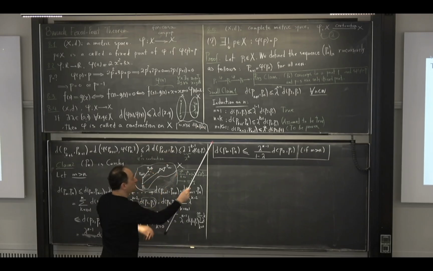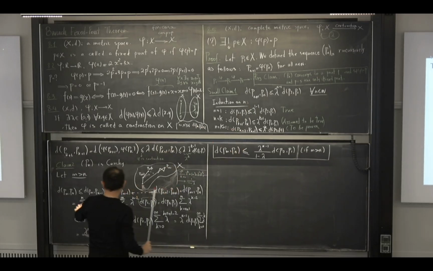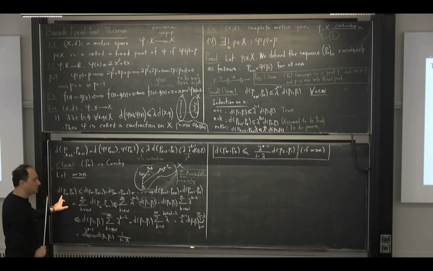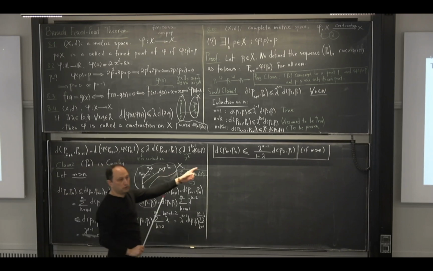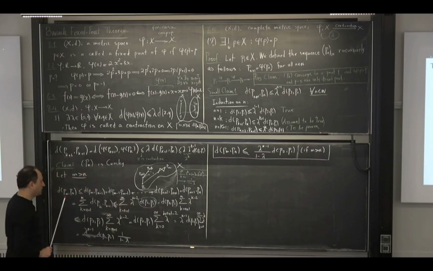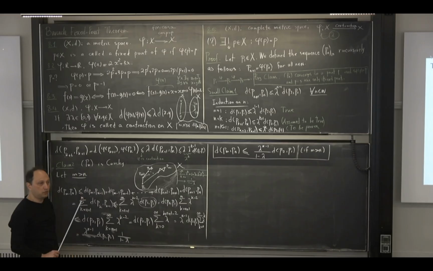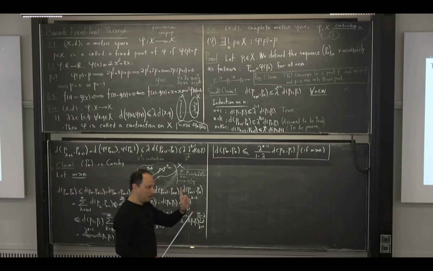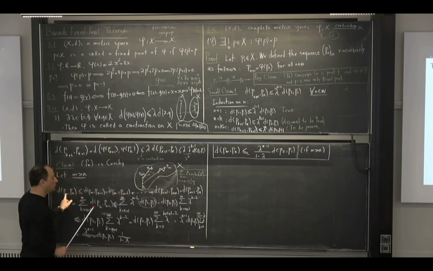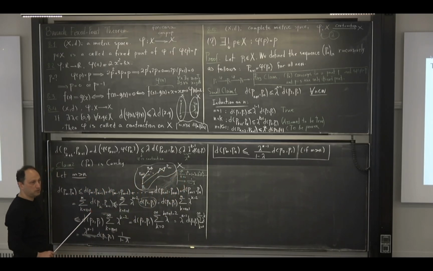So I use that estimate to be able to estimate the distance between any two points. And I finally got this formula by these more or less simple calculations. But now I want to wait for you because it is a matter of one statement. Why do you see now it is Cauchy? Why is the sequence Cauchy by this new estimate? And be careful about that. Lambda is again crucial. It's between 0 and 1.